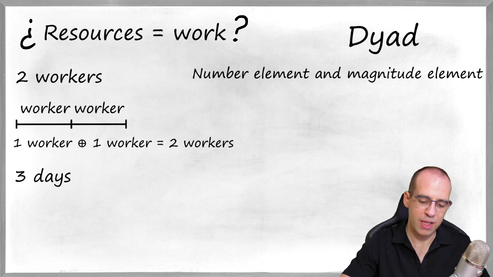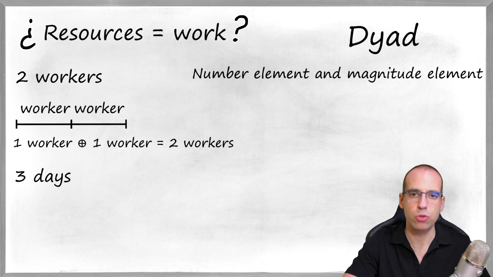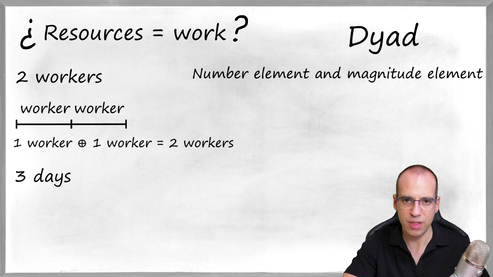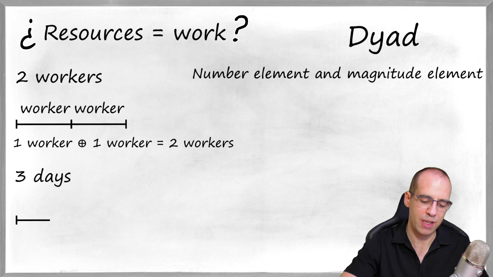In the case of 3 days, exactly the same thing happens. The number 3 is the arithmetic or abstract number that represents the number of units we have of this segment. And days is another segment of equal or different length. It doesn't matter here whether it's the same or a different length. In fact, so you don't get confused, we're going to make them the same length here. And this new segment is day.